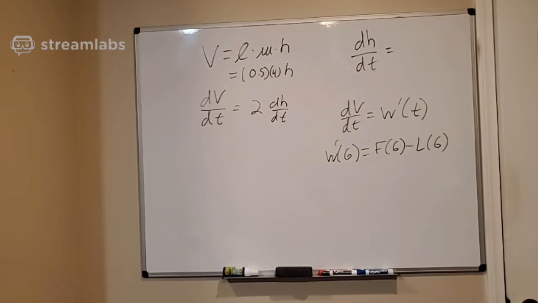The water coming in could be more than the water going out, or vice versa. So W prime is basically how much water total is coming in per time. That is how much the volume is changing. They're the same thing, because they have the same units, like we talked about earlier. Volume is measured in, in this case, gallons or meters cubed, whatever they want to give it to us in, cubic feet per minute, and W prime of t would be the same thing. So they represent the exact same thing.